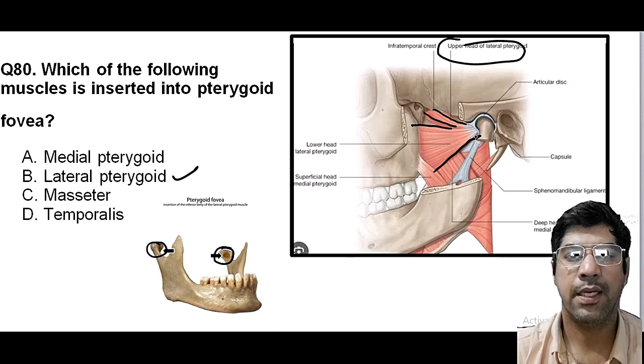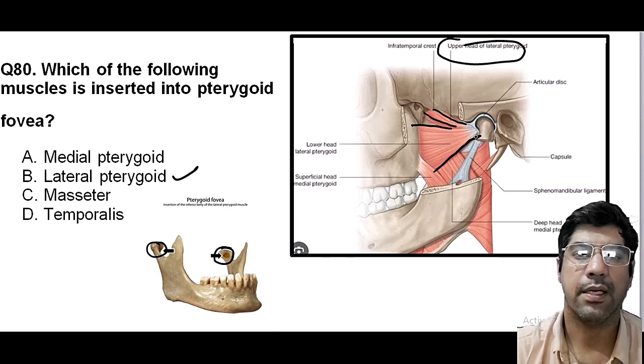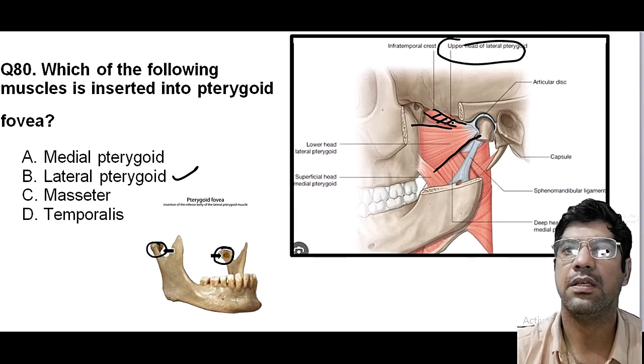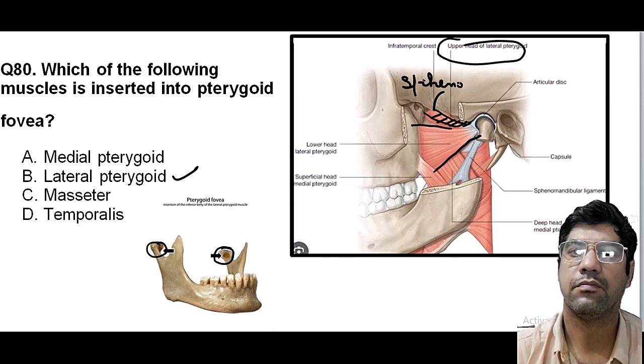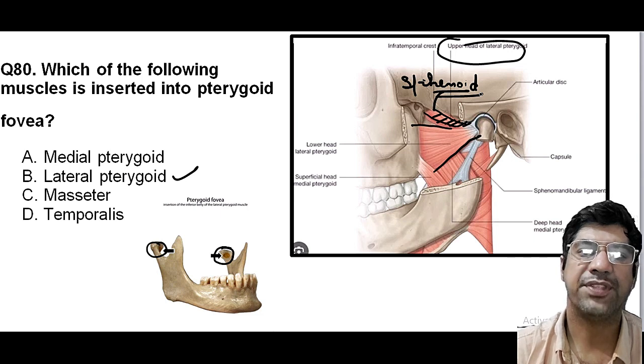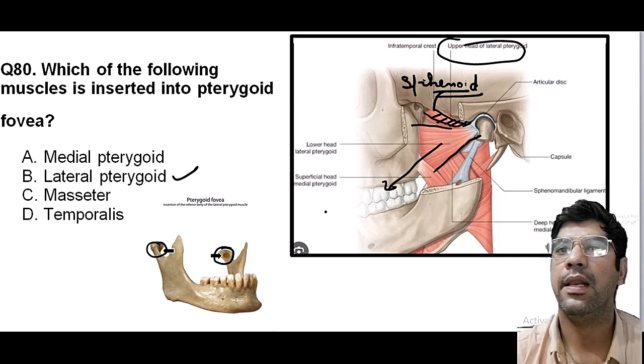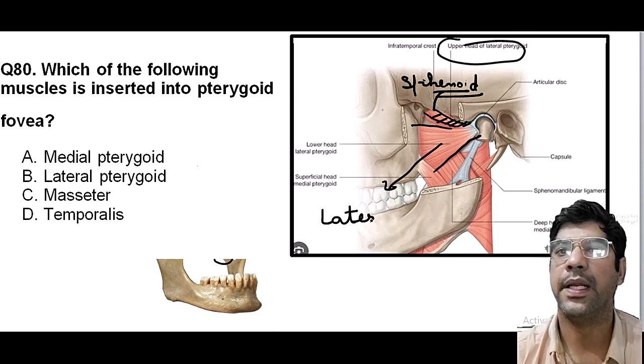The upper head starts its journey from the top part of the grand castle, especially the which bone? Sphenoid bone. Whereas the lower head begins from the side of the tower within the castle, that is the lateral pterygoid plate.